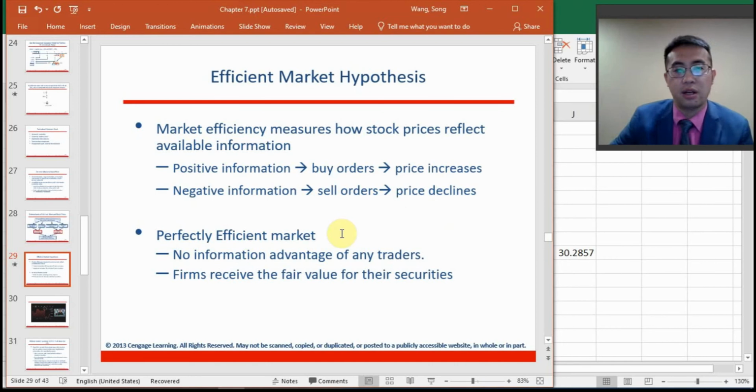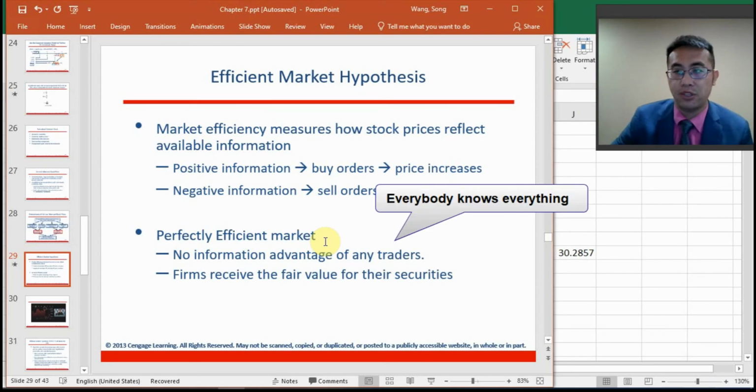And an efficient market basically means the price reflects all the information, positive, negative. And we can possibly have a perfectly efficient market. And in this perfectly efficient market, there is no information advantage of any traders over another group of traders.